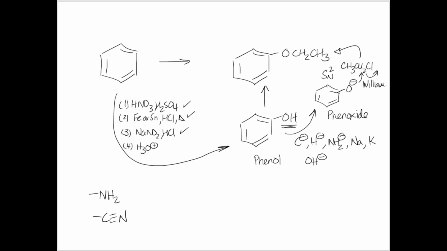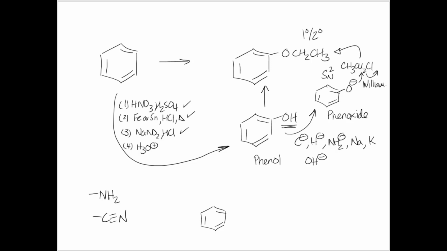So just so you're aware, we can use all these different reactions that we've learned about in the past to change an OH group on a ring into an OR group to make an ether out of it. My suggestion is that this would work great to put a primary or a secondary alkoxide on the ring.